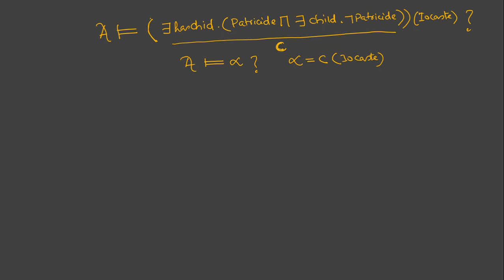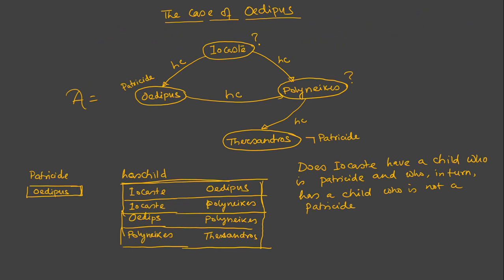right? Now let us go with the relational database or the closed world assumption, right? What would be the answer with the closed world assumption way? So let us go back to the graph. Here Iocasta has one child which is Oedipus, and Oedipus is patricide, and Oedipus has a child Polynicus, and we do not have any entry regarding whether Polynicus is a patricide or not.